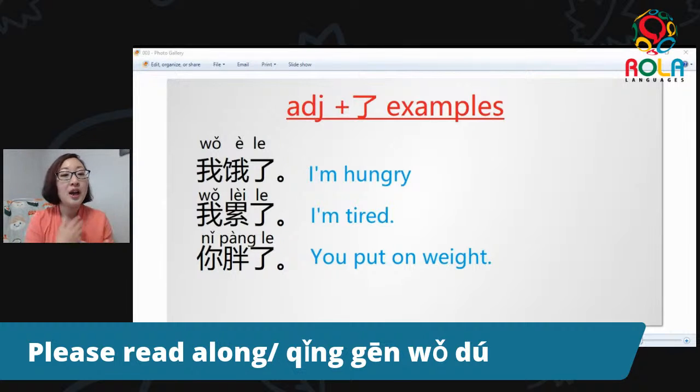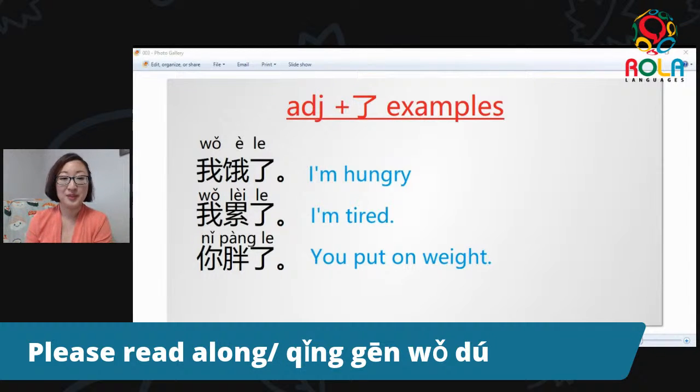So it's kind of indicating the change of your state from not hungry to hungry. So if I want to say I am hungry, we would say 我饿了. Similarly, the next one, 我累了, means I am tired. I am exhausted. The le part here indicates a change: I was not tired 5 minutes ago, but as of this moment, I am tired.